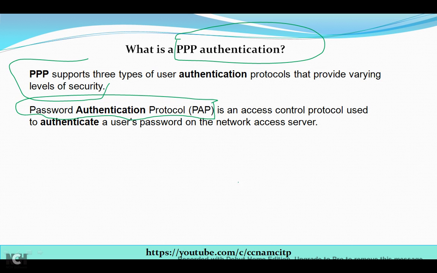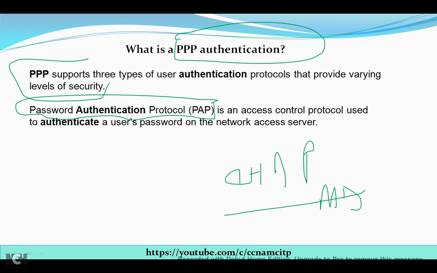We have one more, CHAP, which is challenge handshake authentication protocol. And one more, MD5, and one more, MS CHAP. So there are lots of versions available. In this video we are going to learn about the basic things, PAP and CHAP only. In later videos I will discuss MD5 and some more protocols.